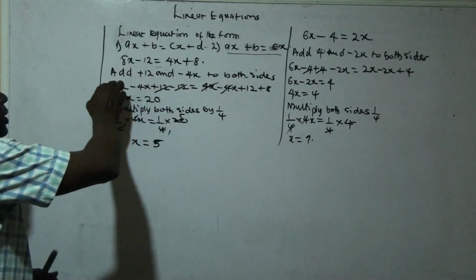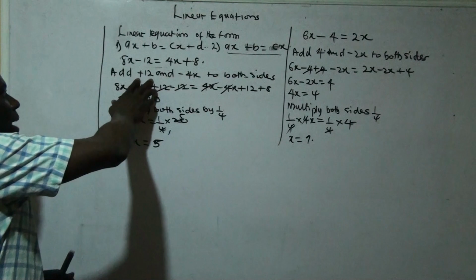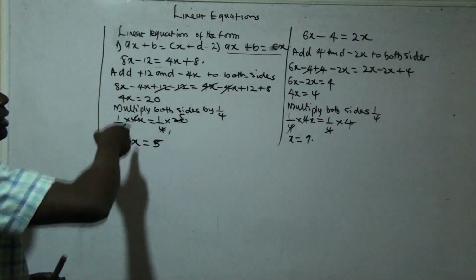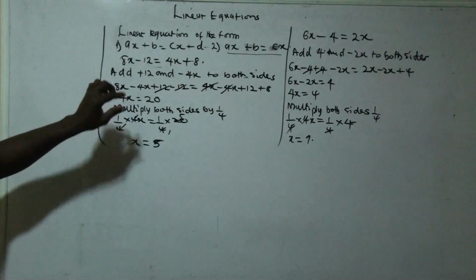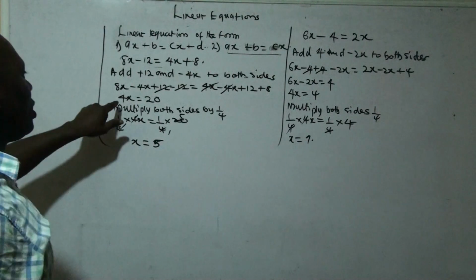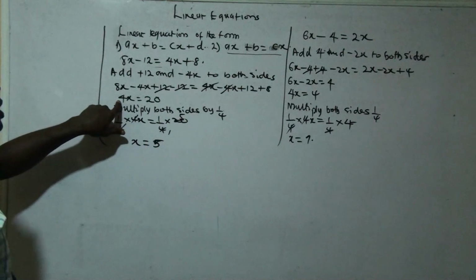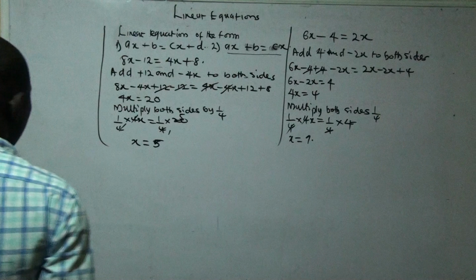Then add the additive inverse of the smaller constant term and of the smaller unknown term to both sides, and this will reduce the question to this nature. And here you can easily resolve it either by multiplying both sides by the multiplicative inverse of the coefficient of the unknown, or you say divide both sides by the coefficient of the unknown.